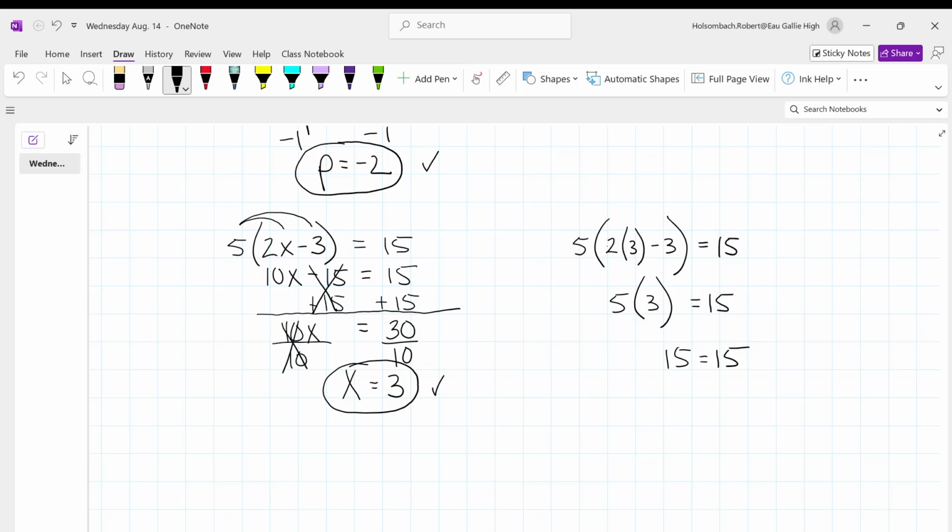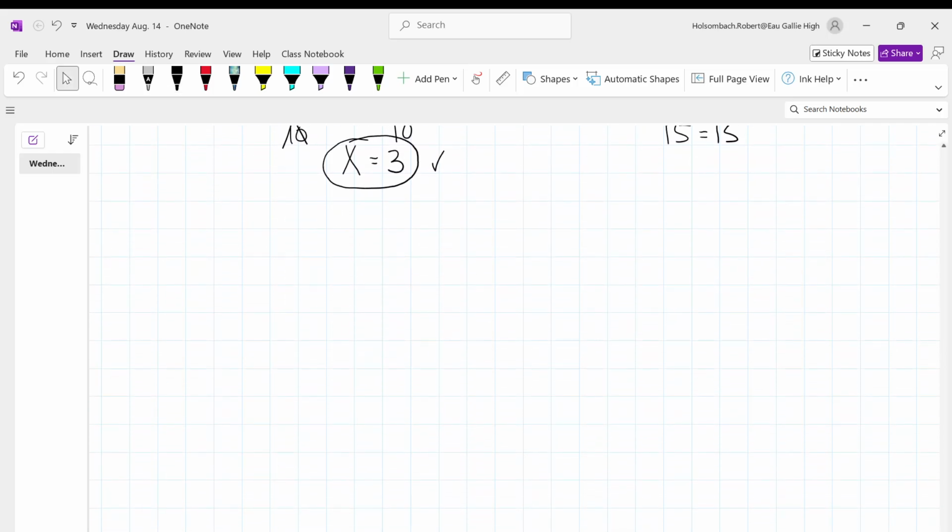All right, last example here. Got 1/5 times t minus 3 equal to negative 17. Going to start off by adding 3 to each side.